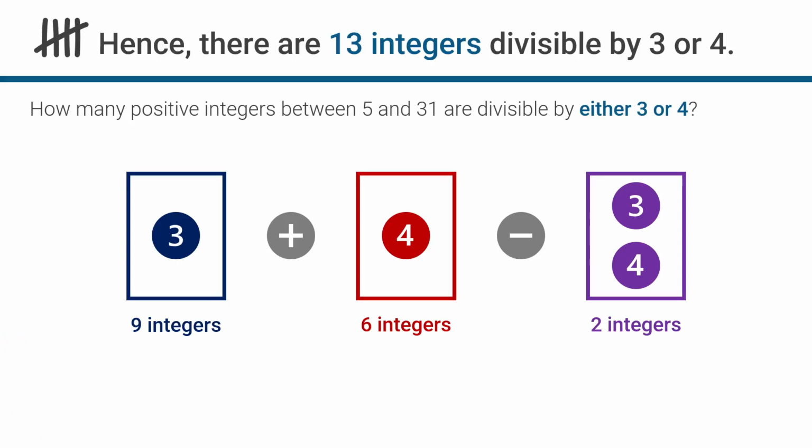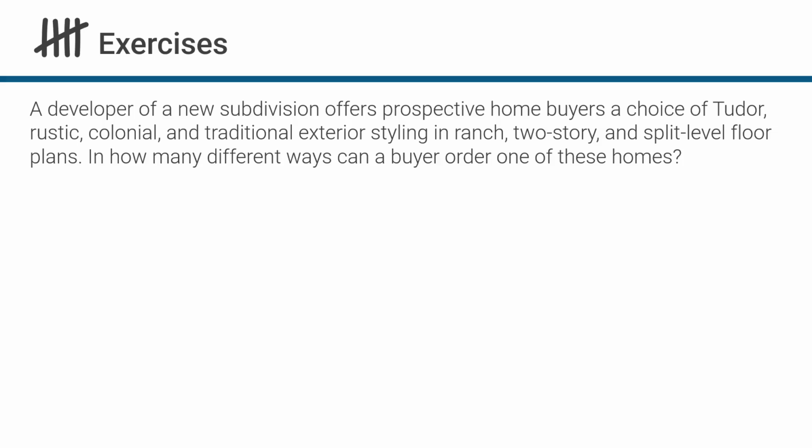Okay, so let's have another one for this. A developer, let's try to answer this one later, but I'm going to be reading it to you. A developer of a new subdivision offers prospective home buyers a choice of two-door, rustic, colonial, and traditional exterior styling in ranch, two-story, and split-level floor plans.